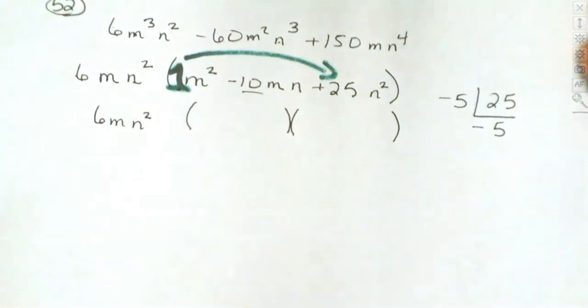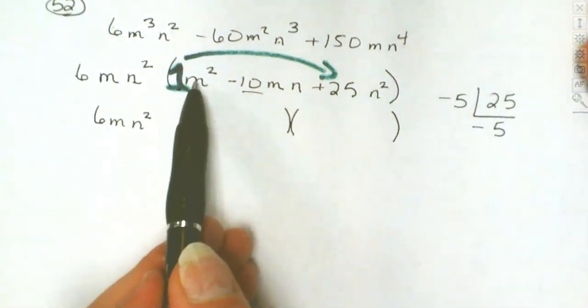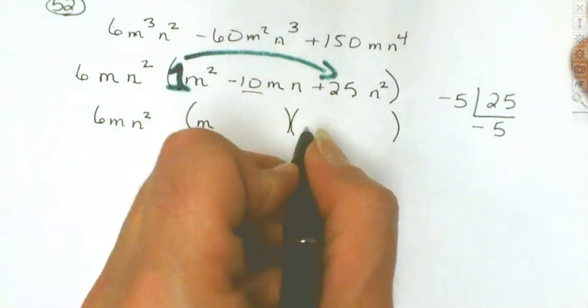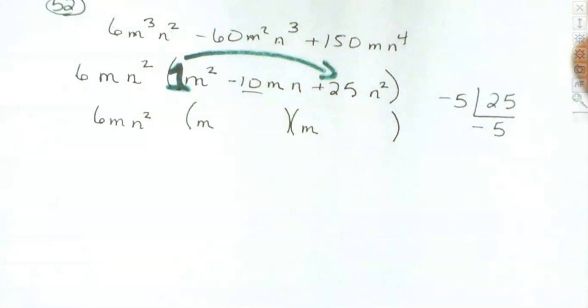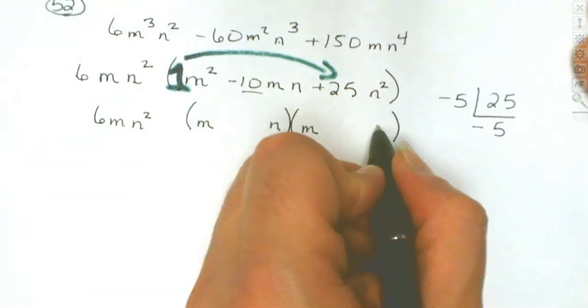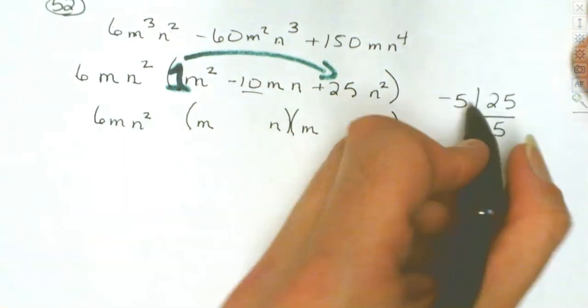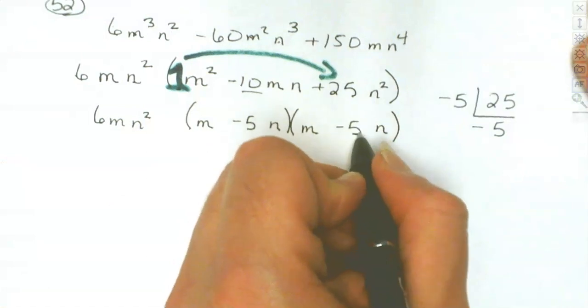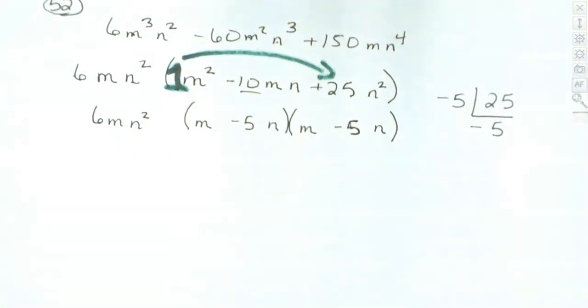Now we look at our beginning variable. Our beginning variable is an m squared. So we split that up into m and m. Our ending variable is an n squared. So we'll split that up into n and n. What are our 2 numbers? Minus 5 and what? Minus 5.